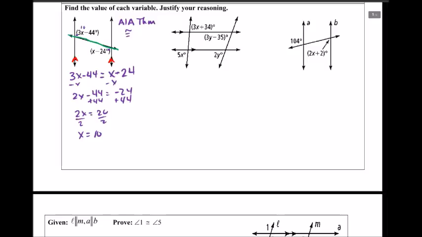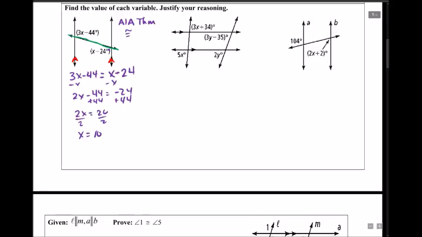Ooh, that would not give us a good, never mind, we aren't going to do that. Because I'll just get upset with the book. We're going to have negative angle measures. So we won't do that. We'll just solve the problem. We found x equals 10. It just said find the value of the variable. Okay, yay, we did that.